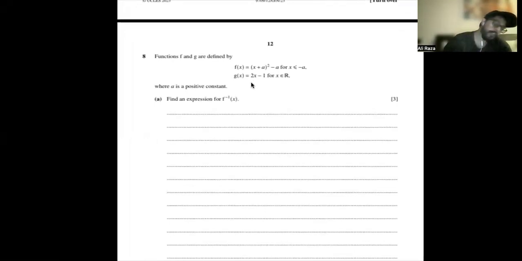In question 8, we're given two functions, fx and gx. We need to find the inverse of f. So y is equal to x plus a whole square minus a. We'll shift a to the other side. We have y plus a is equal to x plus a whole square. Then we'll take the square root on both sides. We have a plus minus sign over here.